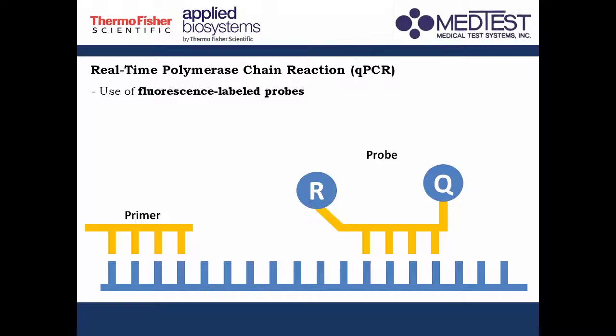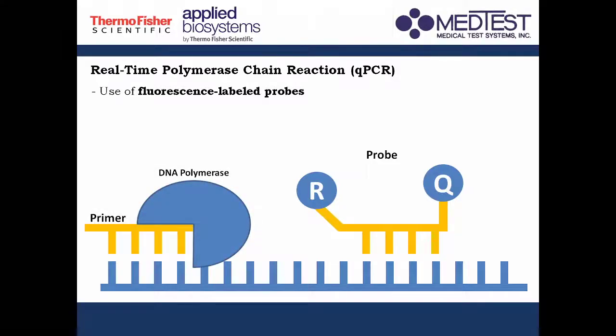Now, in the real-time polymerase chain reaction, you have your primers which bind to a specific region of your DNA, and then you also have your fluorescence labeled probes. So this probe allows you to monitor your PCR reaction. Paano? As the PCR is ongoing, you have your DNA polymerase and your primer. So kanina, primer will serve as your starting site for your DNA polymerase to work.